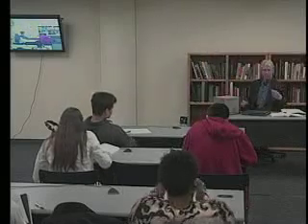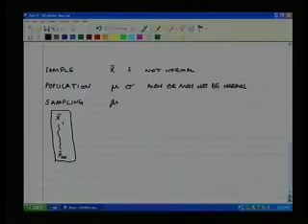I'll tell you, it's magic. It's absolute magic. The mean of that infinite number of sample means is mu. The mean of those infinite number of sample means is mu.